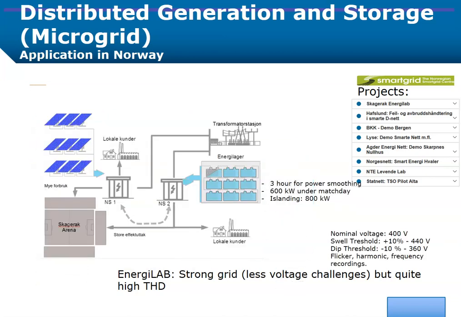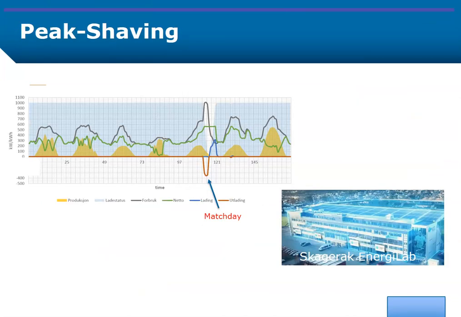So here's how it's constructed. You have the PV panels on the rooftop, and you have energy storage, a battery, and then of course you have a connection to the transformer station. One way I wanted to use this is, of course, you have the match day on Sundays. Typically your stadium is full, but the rest of the week it is mainly empty, or not so many people in the stadium.